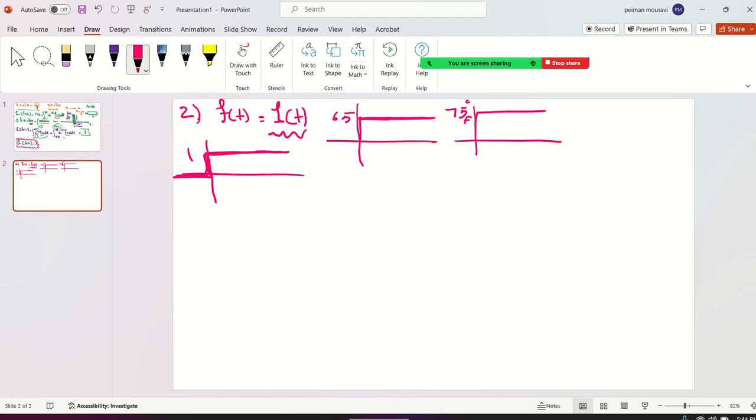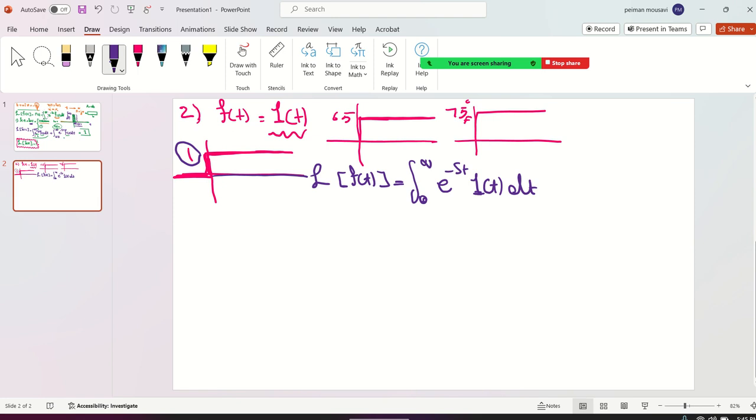So the Laplace of f of t is going to be the integration from 0 to infinity of e to the minus st times the unit step dt. The unit step between 0 and infinity is how much? 1. Just put 1. So we have the integral from 0 to infinity of e to the minus st dt. From high school, it's going to be 1 over s times e to the minus st from 0 to infinity.